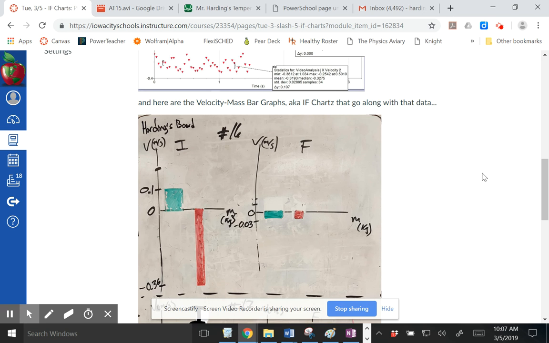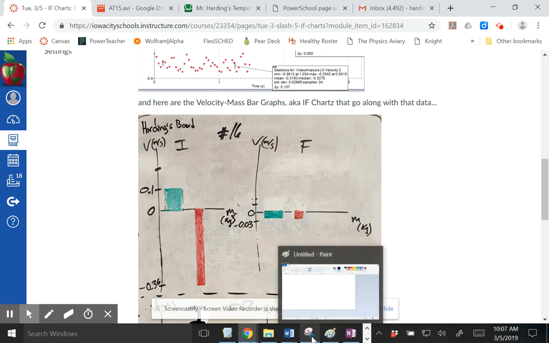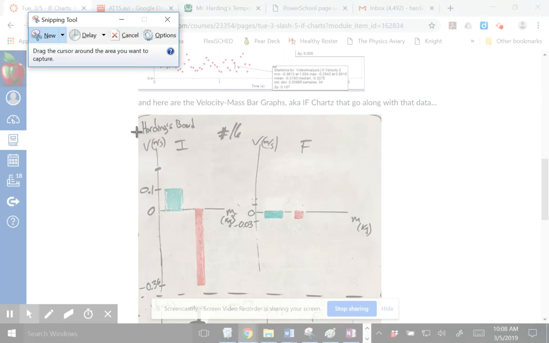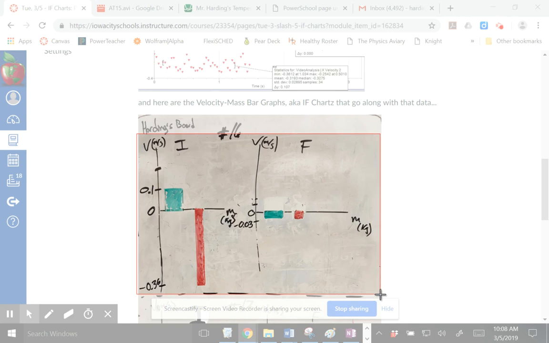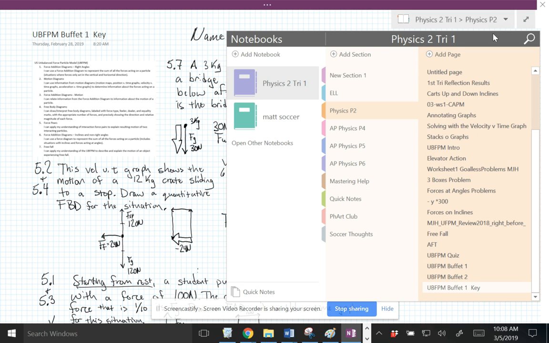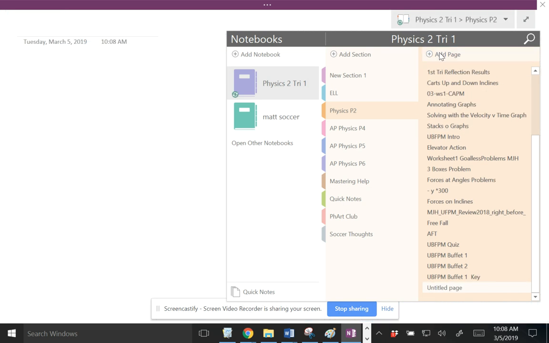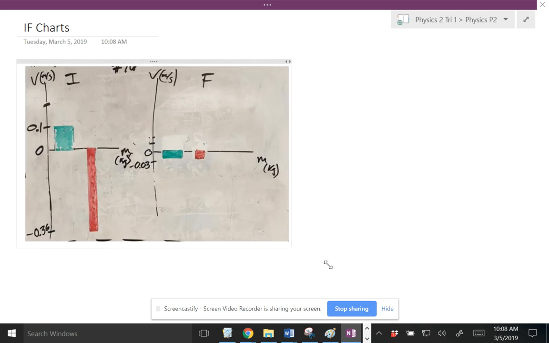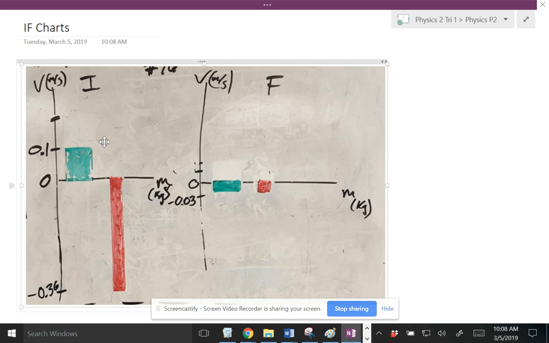Okay? So the things that I'm looking for from you in your analysis, if I grab this and pull it over onto Canvas, if charts, we want to take and find the area of this thing.